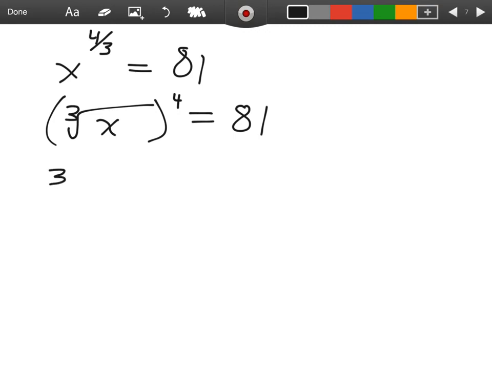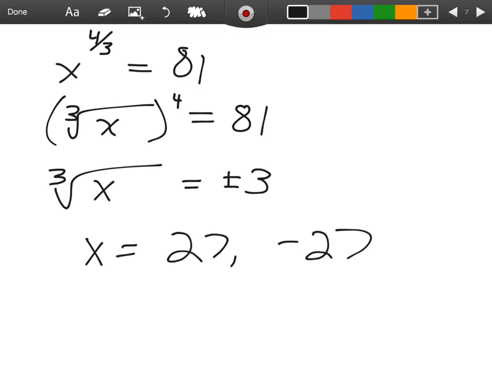And then you can undo the 4th root by 4th rooting it, and if you take the 4th root of 81, you get plus or minus 3. It's always good to remember that when you take even roots, it's plus or minus. And then you can cube both sides to get rid of that, and you get 27 and negative 27. 2 different answers there.